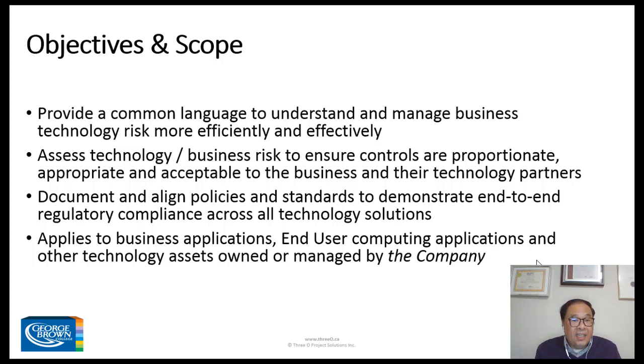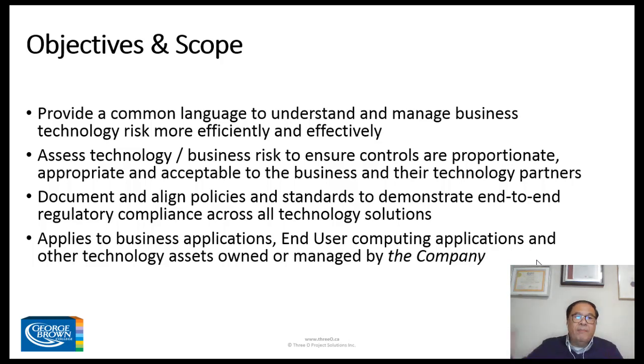It assesses both technology and business risk to ensure controls are appropriate and proportional. Document and align policies and standards to demonstrate end-to-end regulatory compliance, especially if you work in an industry that has heavy regulatory compliance. Insurance, banking, they all have regulatory compliance requirements. It applies to business applications, end user applications, and any other technology asset owned by the company. So these are typical statements that you can have.